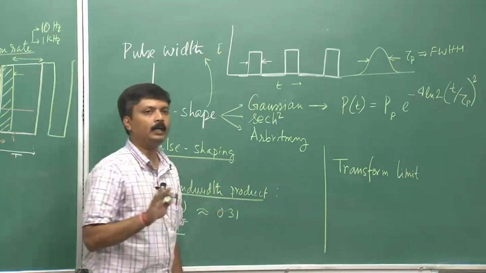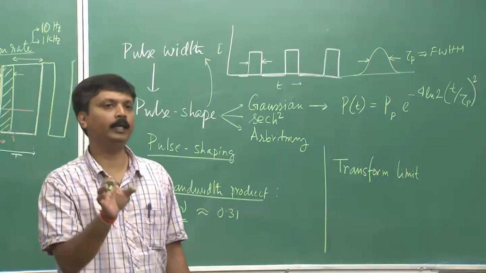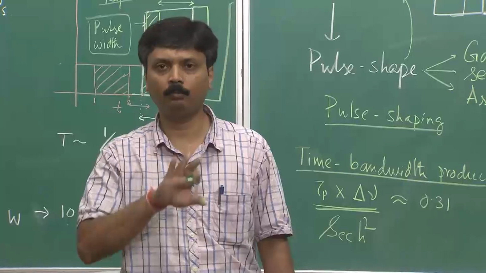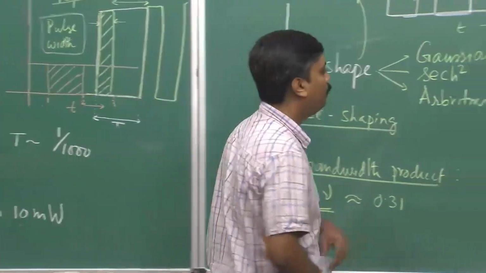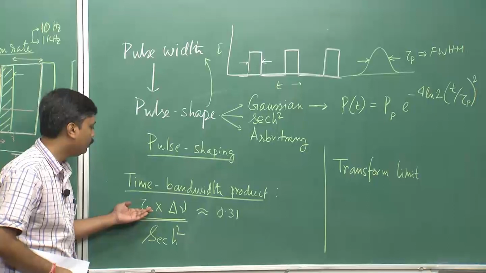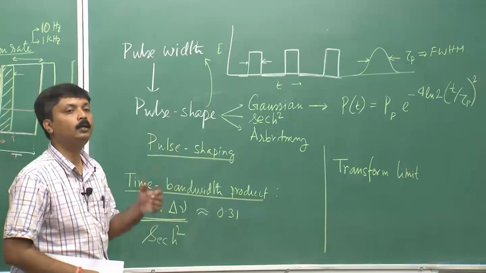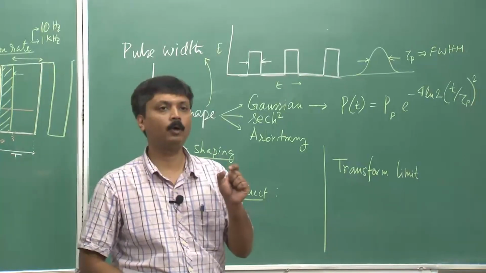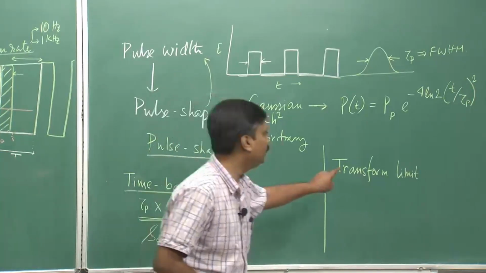If I have a particular bandwidth for the spectrum, say delta nu equals 100 hertz arbitrarily, then my pulse width cannot be minimized or compressed beyond a certain limit, and that is the transform limit.